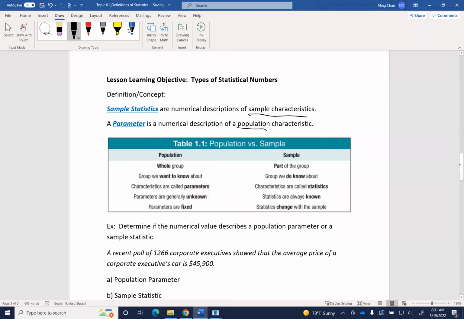A perfect example: what are some of the numerical descriptions for samples? We can have the sample mean.